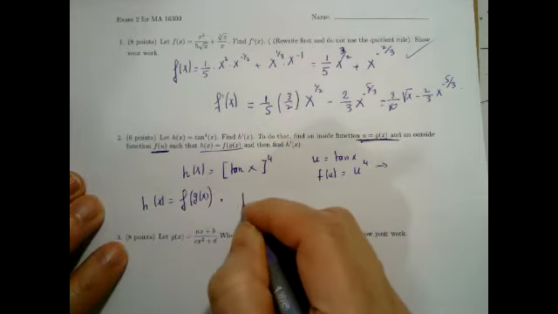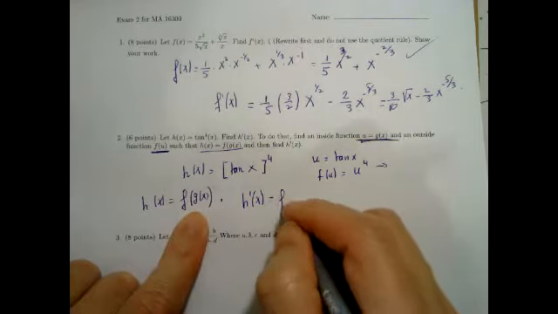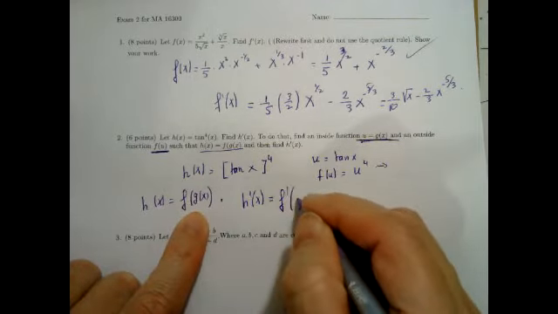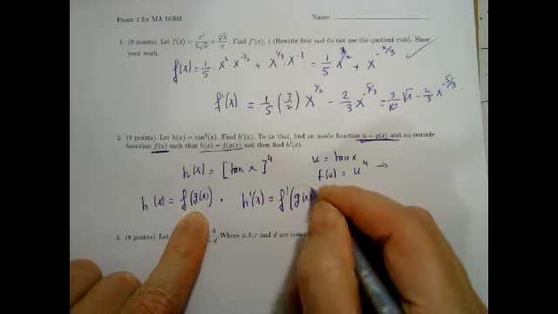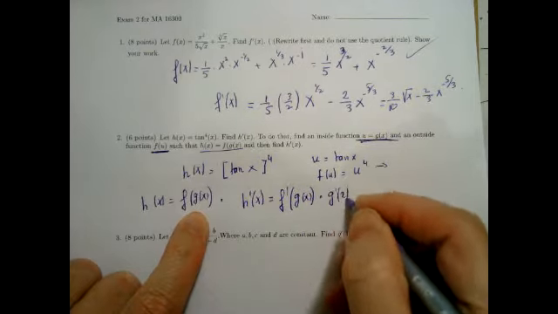Now we need the derivative. The chain rule tells me that h prime is the derivative of f, but you evaluate it at the inside, times the derivative of the inside.